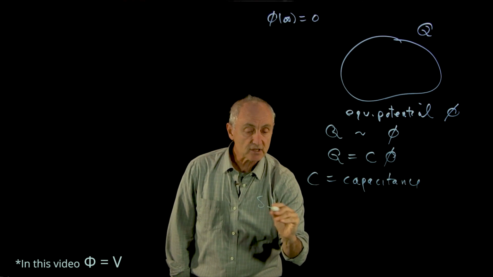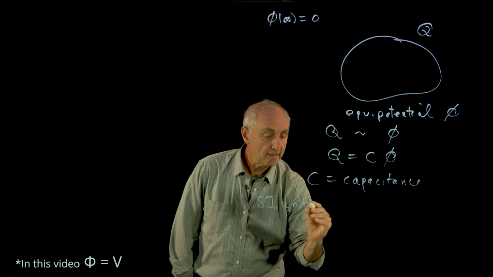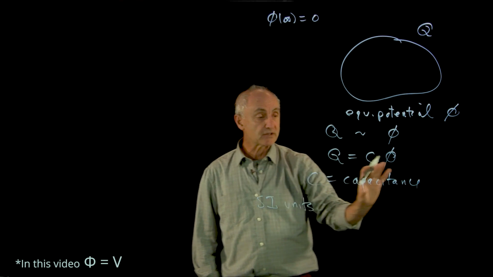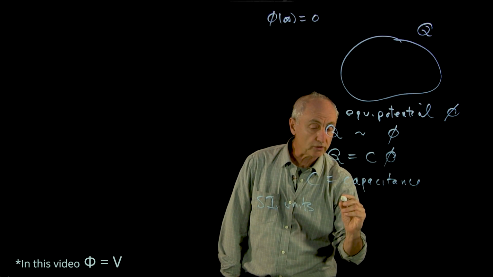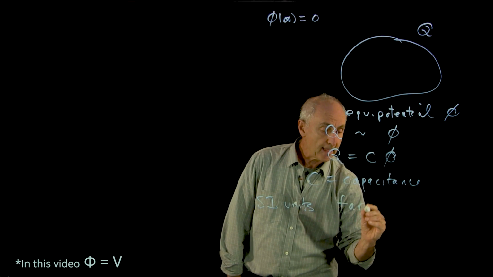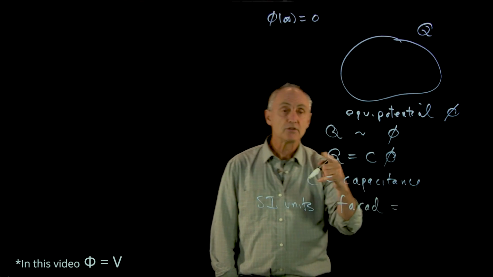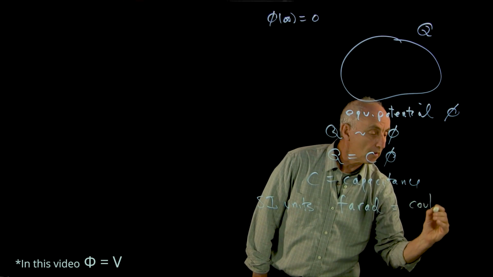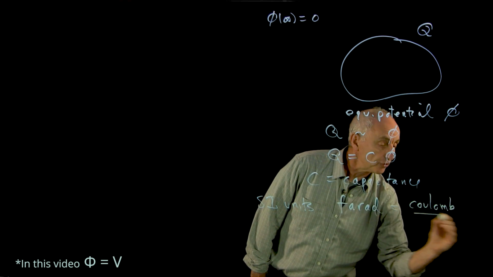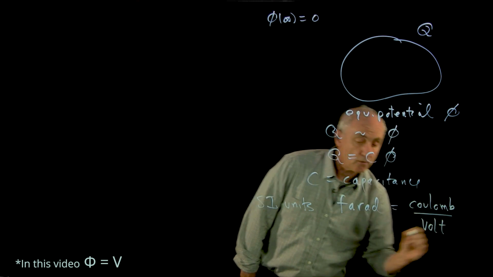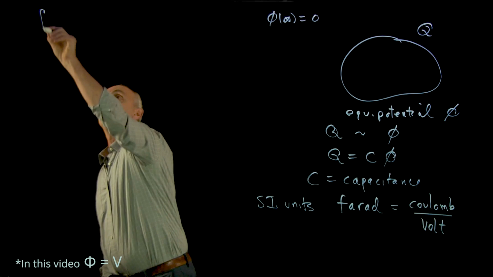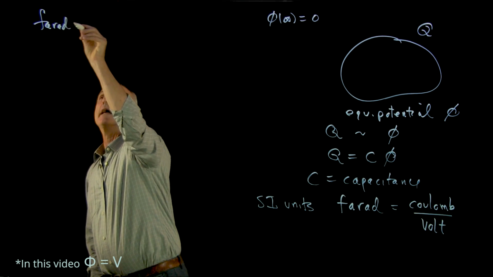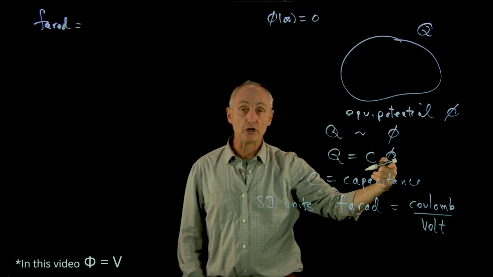And if we look at our SI units, the typical unit of capacitance is called the farad. And 1 farad is equal to a coulomb per volt. Now, recall that a volt is an energy per charge.